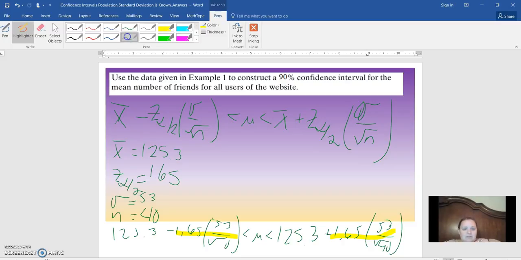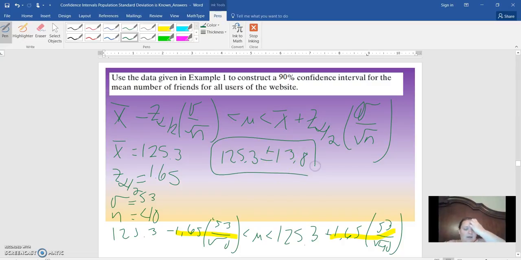So it's 125.3, give or take 13.8. Okay, and then if I want to write it as an interval, I'm going to do 125.3 minus 13.8. I get 111.5.